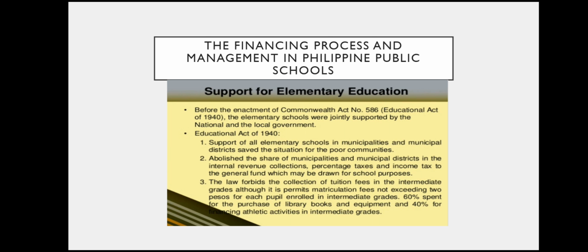Now, for the support for elementary education, the local governments can actually support the elementary education. It pertains to the different support that they can give. This is according to the Educational Act of 1940.